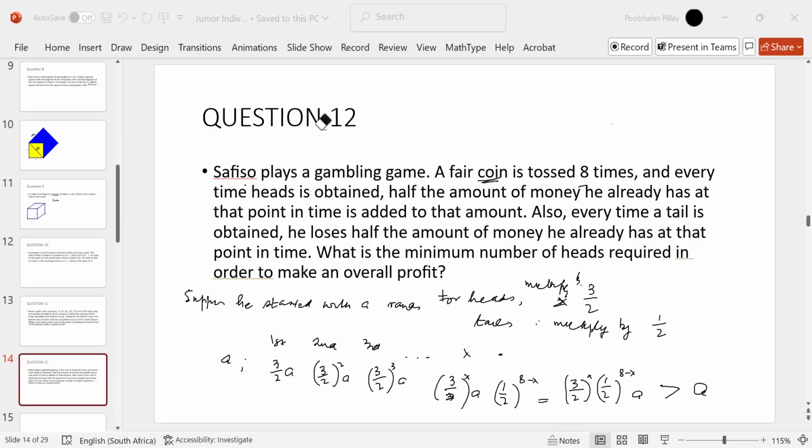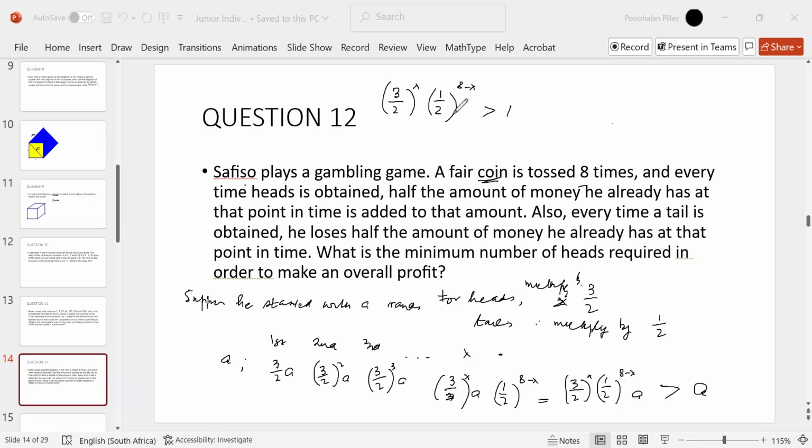The A's cancel, you see. The A's cancel, but you got a strange unknown here. You got 3/2 to the power of X times a half to the power of 8 minus X. I'm canceling the A's. All right.